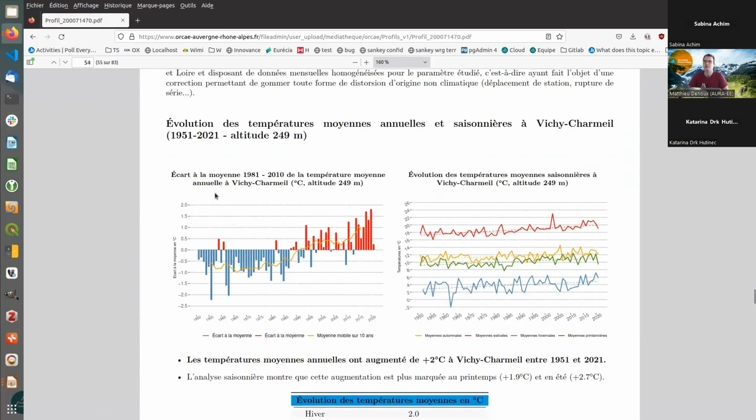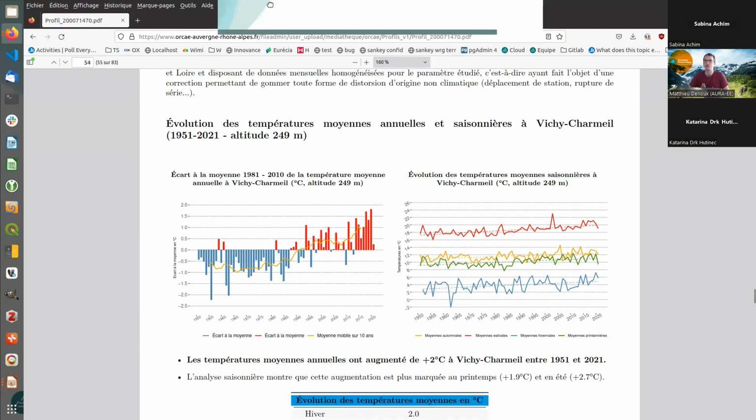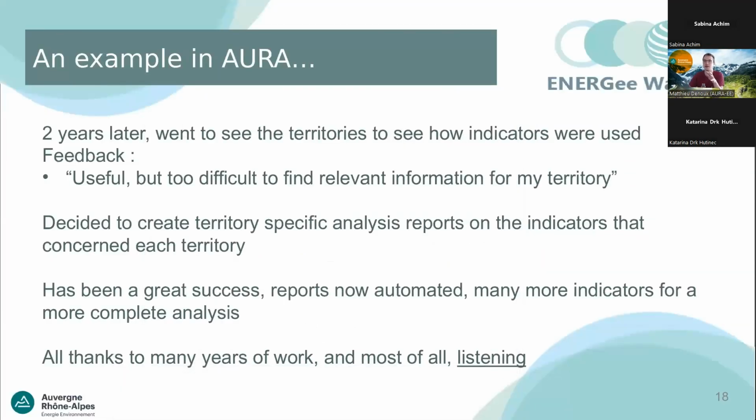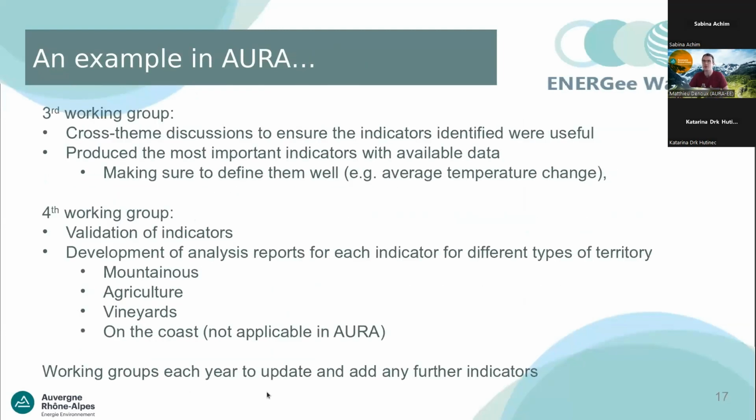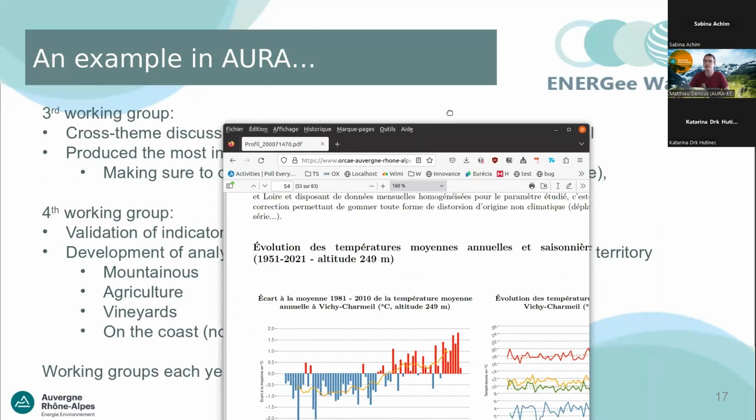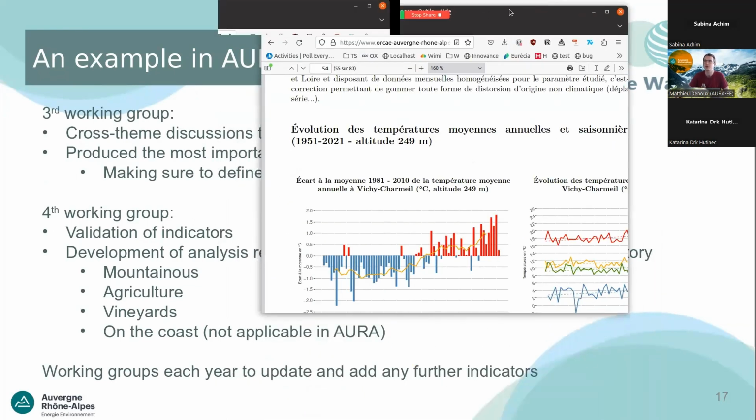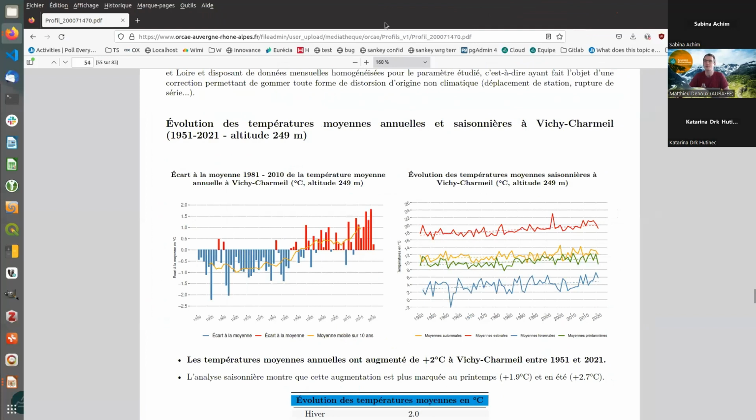So here you have information about what I was just showing you, the idea that you have a global report that is based on the kind of territory your territory is. For example, here you have information about this territory. I don't remember which one I took, but it is based on climate station, measure station.